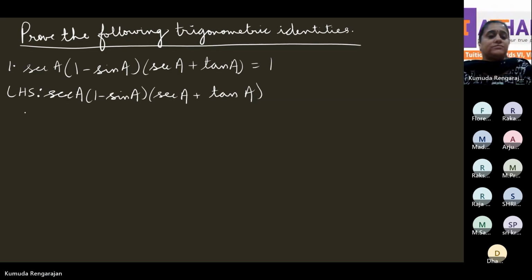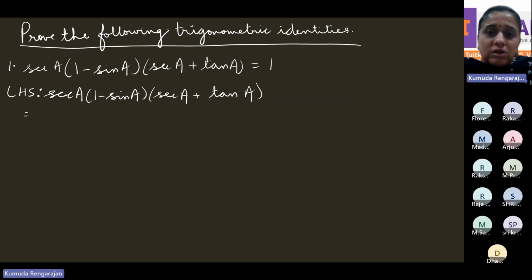Okay. So take up the LHS. Now, first rule, change other ratios to sine and cos. That's the first rule. As we prove different identities, we'll be coming across certain rules. Please make a note of the rules.